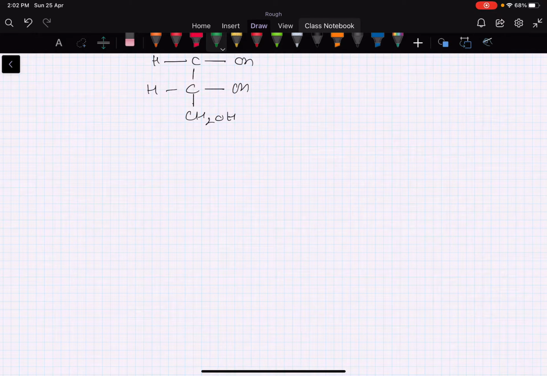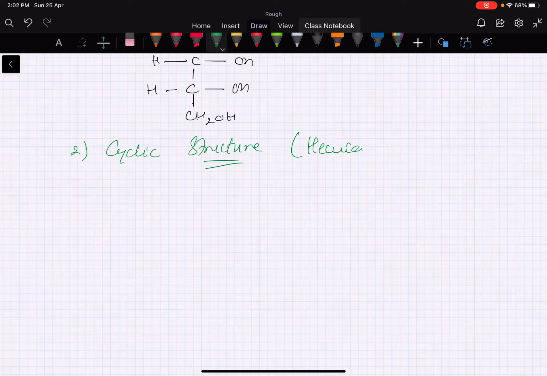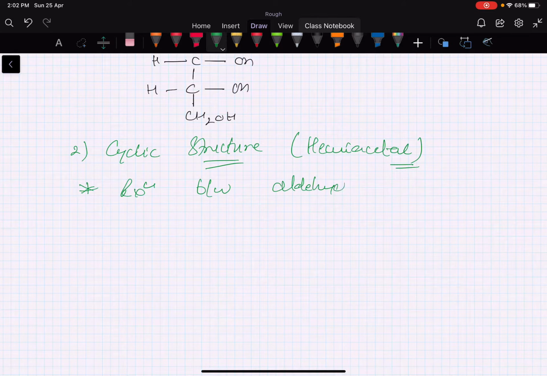Second is the cyclic structure. Cyclic structure is also called hemiacetal, and it is formed by the reaction between the aldehyde group and a hydroxy group.